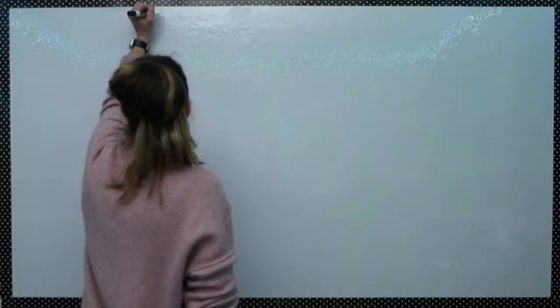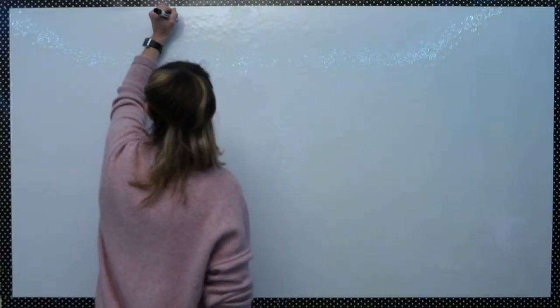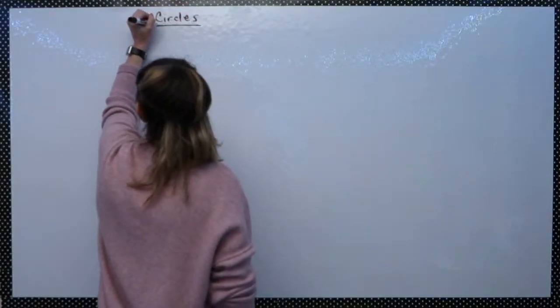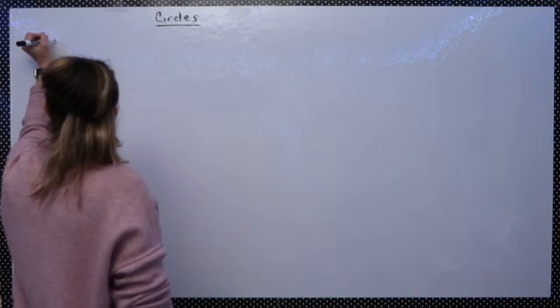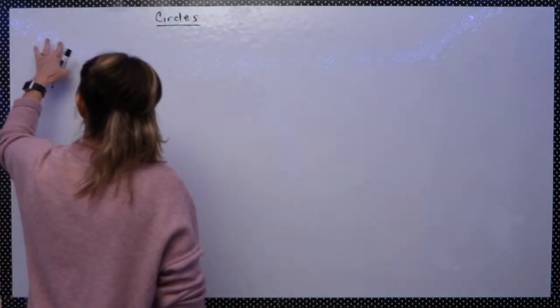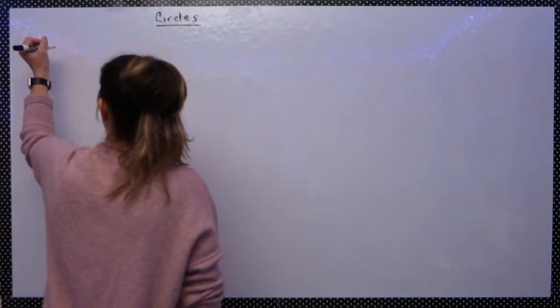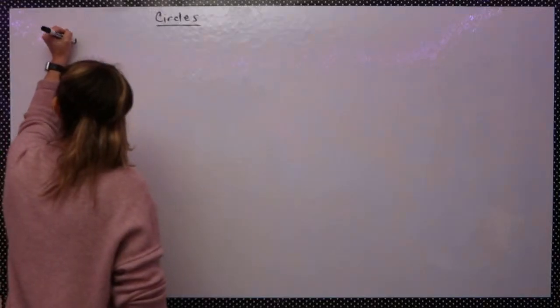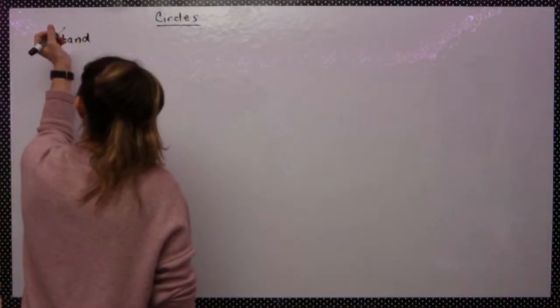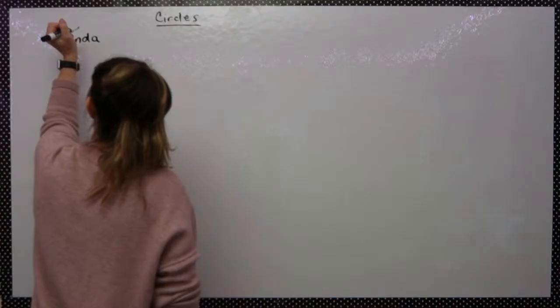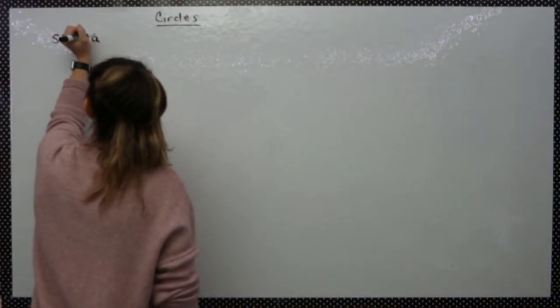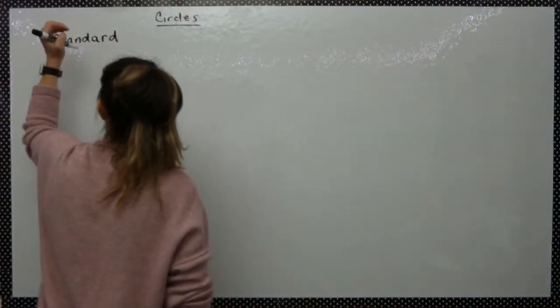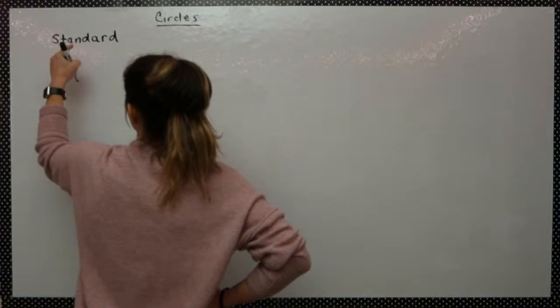So, circles. The equation for a circle in standard form. And I'm going to try to learn how to write on this board without squeaking. I've noticed that it kind of goes away after a while.